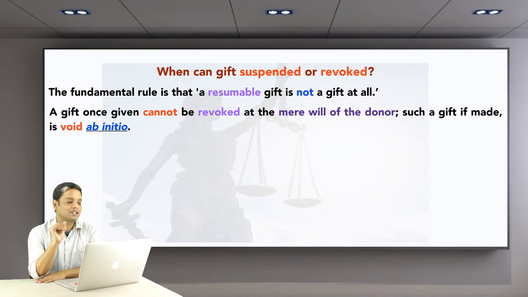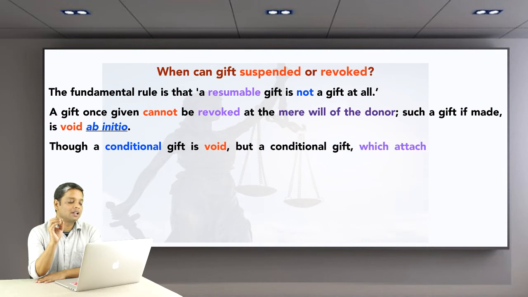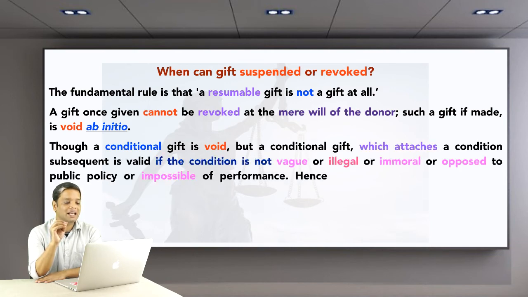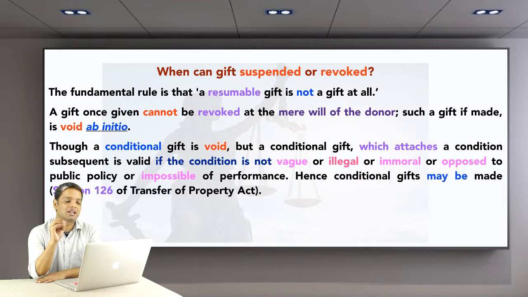The next point is, though a conditional gift is void, a conditional gift which attaches a condition subsequent is valid if the condition is not vague or illegal or immoral or opposed to public policy or impossible of performance. Hence, conditional gifts may be made.